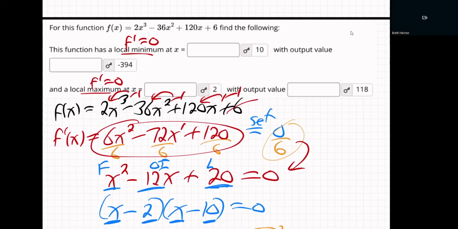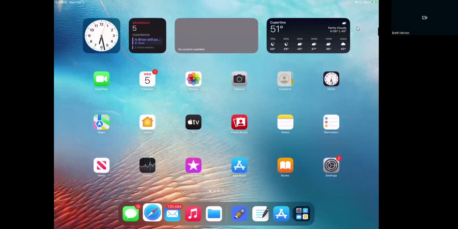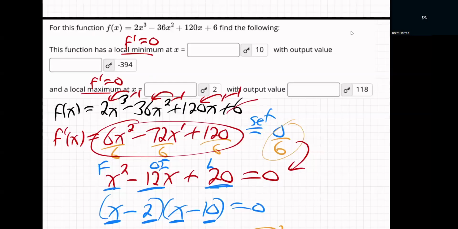So the function is 2x cubed minus 36x squared plus 120x plus 6.